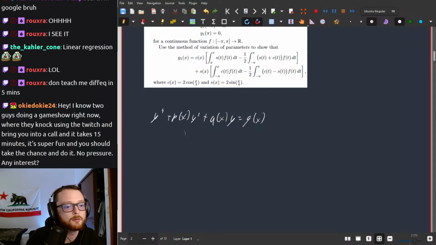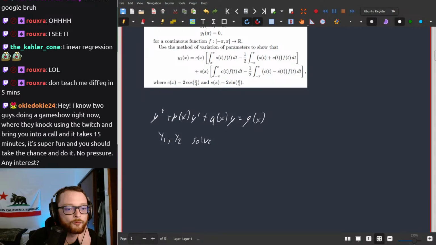And you let capital Y1, capital Y2 solve the homogeneous version.